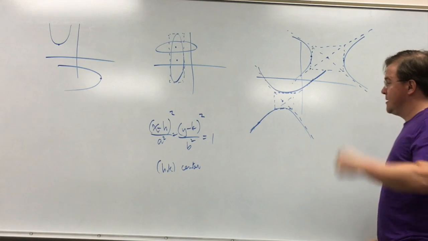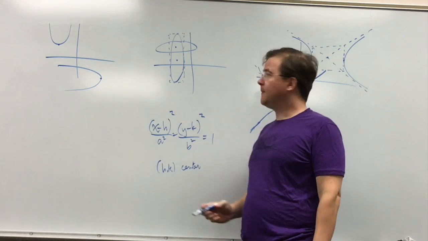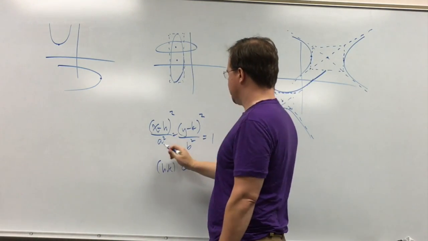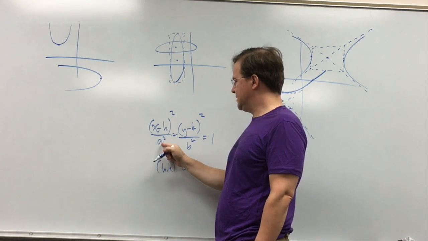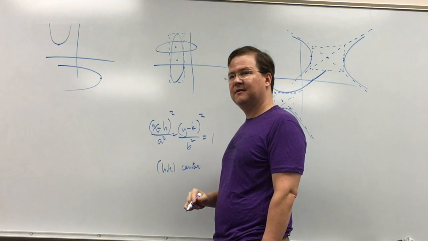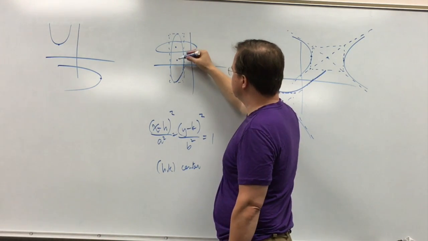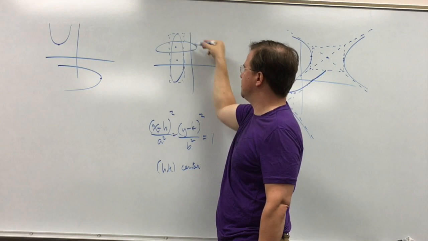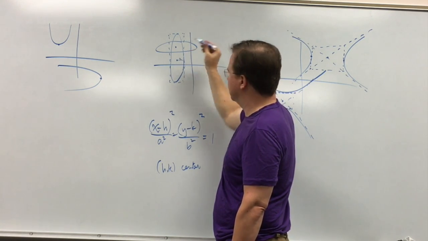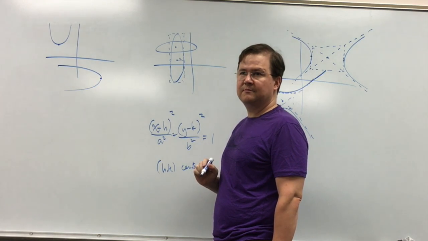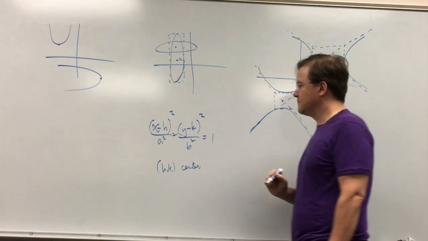And the a and the b: notice how the a goes with the x, b goes with the y? a is the distance in the x direction. So in this picture, for this particular one, a would be this distance right here. On your equation, that's a plus?